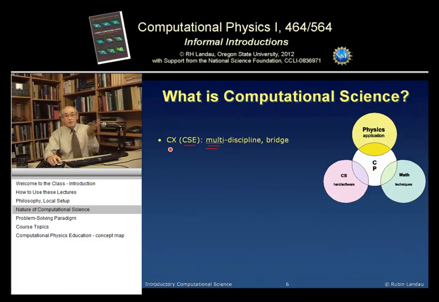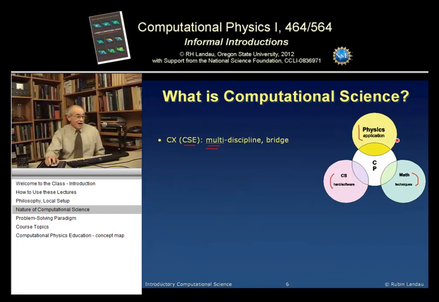CX for computational, X being your favorite. So here we could say, for example, computational physics, my own specialty, is what? Well, it's a combination of science, in this case, application, as a CS person might say, physics. It's application of computer science, which is the hardware and the software, and it's a combination of applied mathematics, where the techniques come.